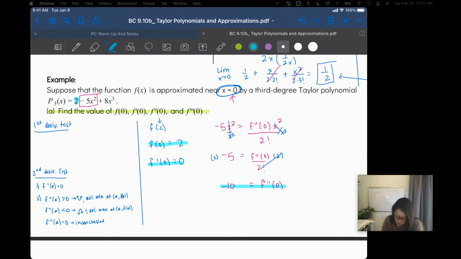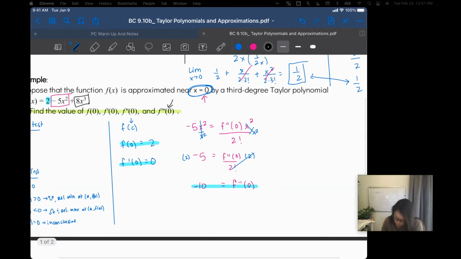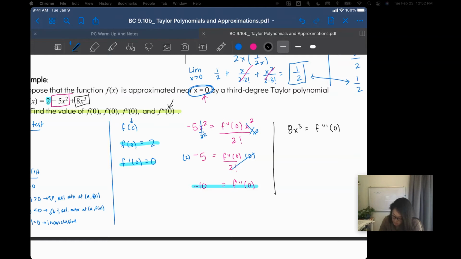Okay, the third derivative, f triple prime of 0, we have to refer back to the x cubed term. So I can write 8x cubed is equal to the third derivative at 0 multiplied by x minus c cubed, and our c is 0, over 3 factorial.